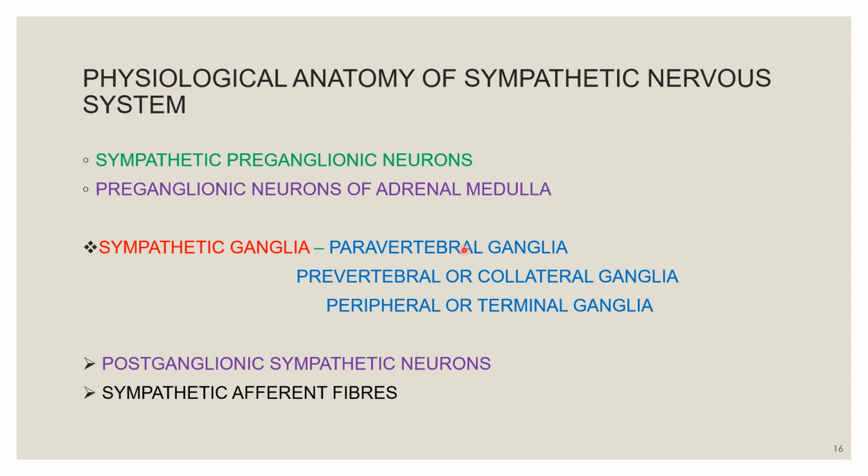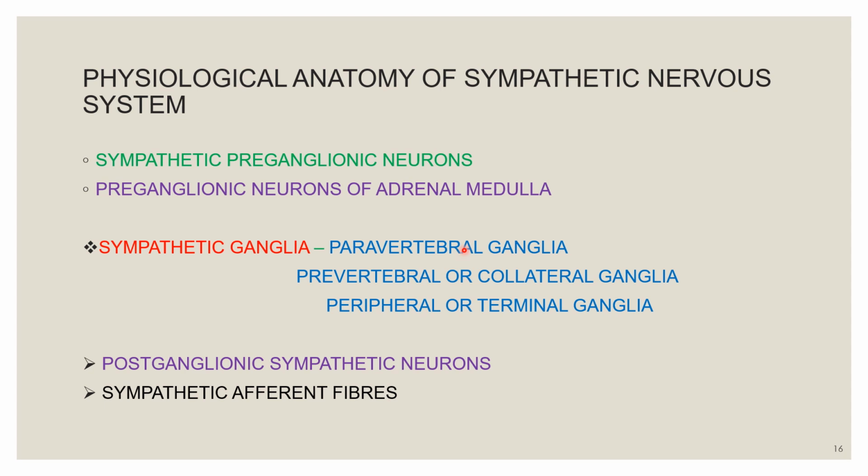So up to this we have studied what is meant by autonomic nervous system, why it is important, what are the main divisions of the nervous system, and what are the divisions of the autonomic nervous system, mainly sympathetic and parasympathetic, and what is the difference between somatic nervous system and autonomic nervous system.